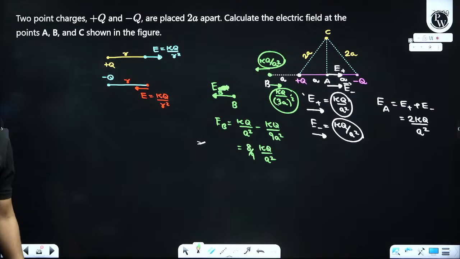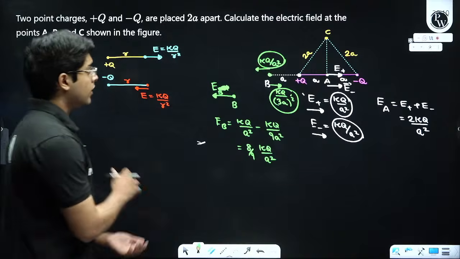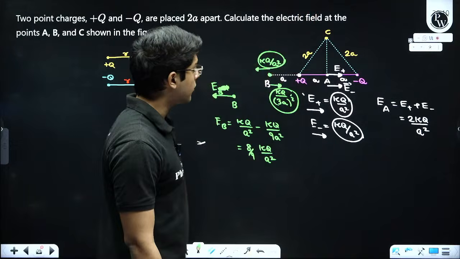Now we need to find the field at point C. Now, how do we find the electric field at this point C?